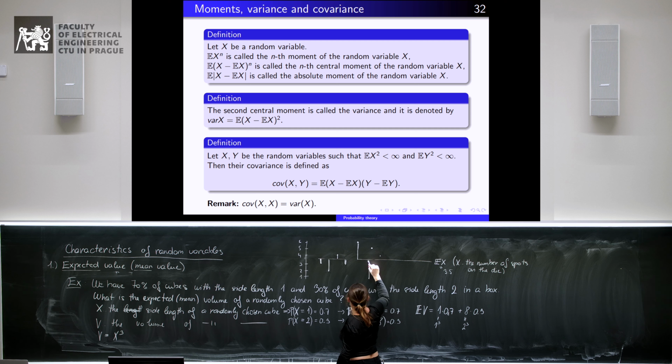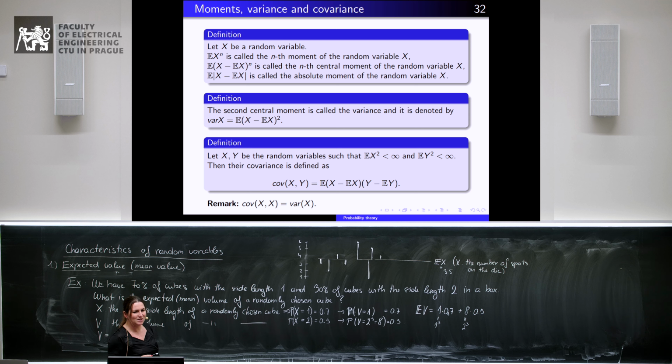And the mean value of these distances is called the absolute moment. It could be interesting as the second characteristic describing how wild the random number is, how much it is jumping.